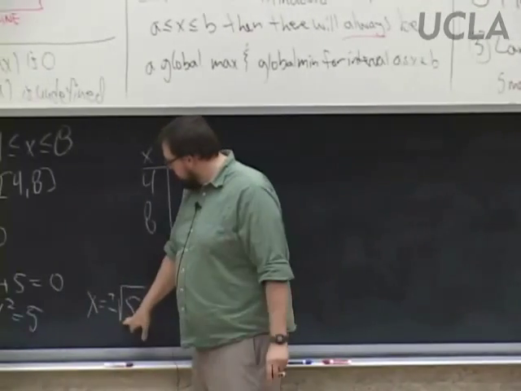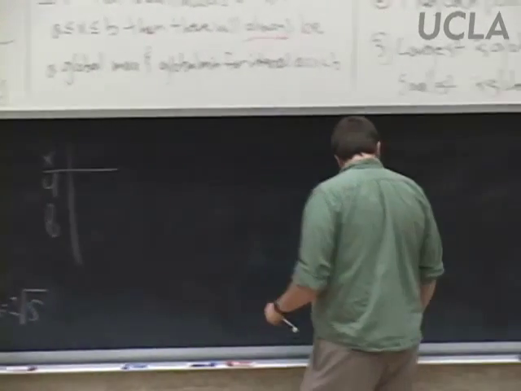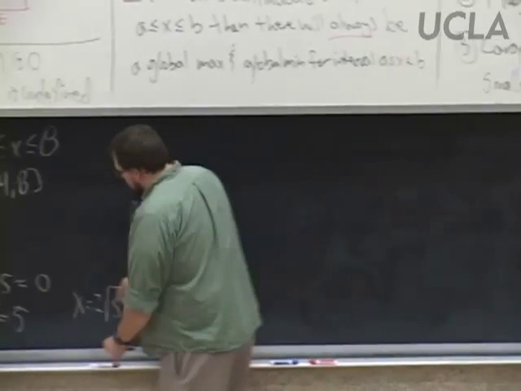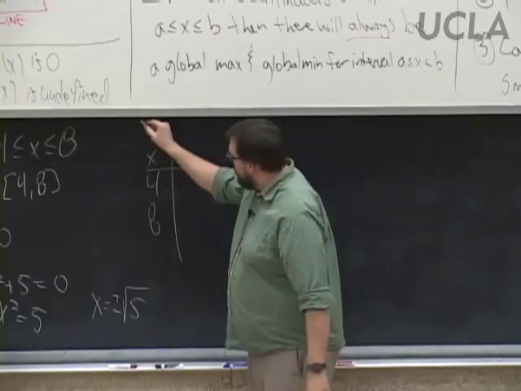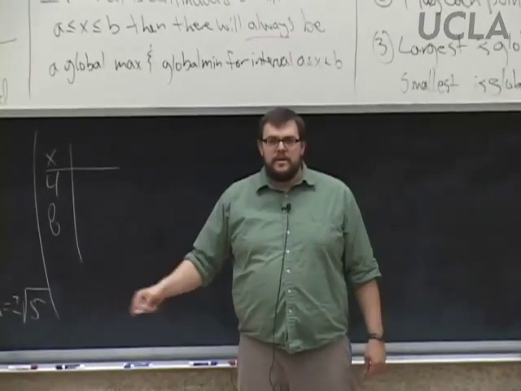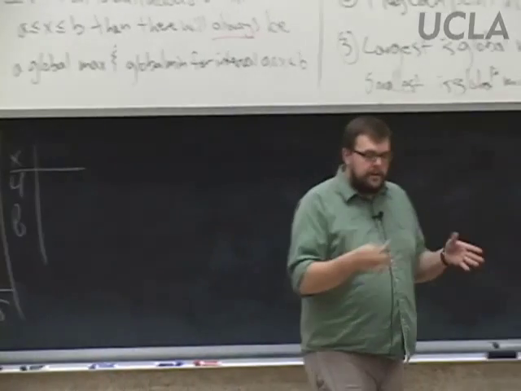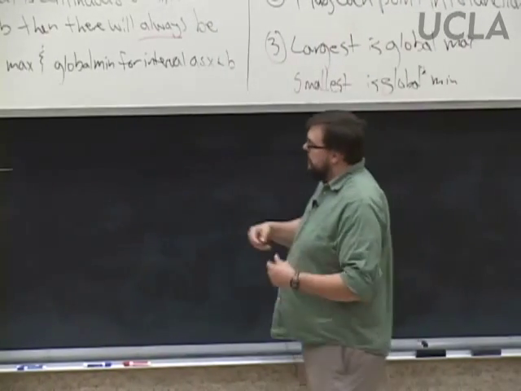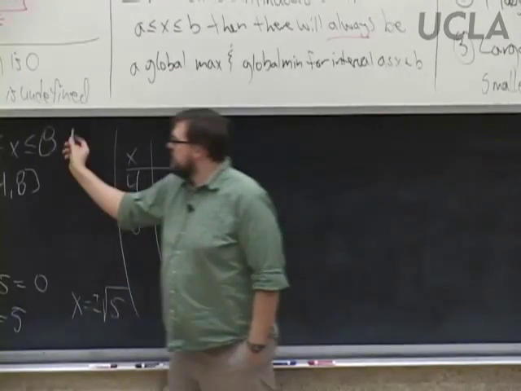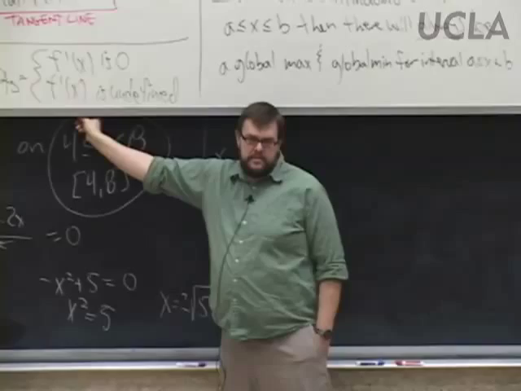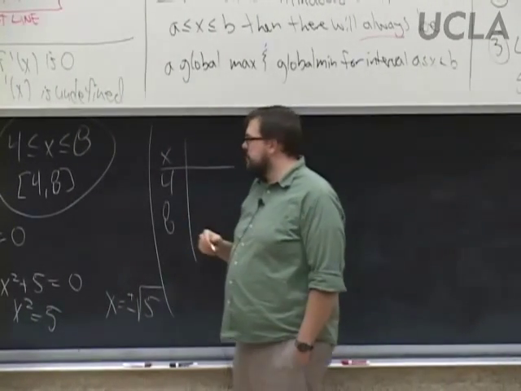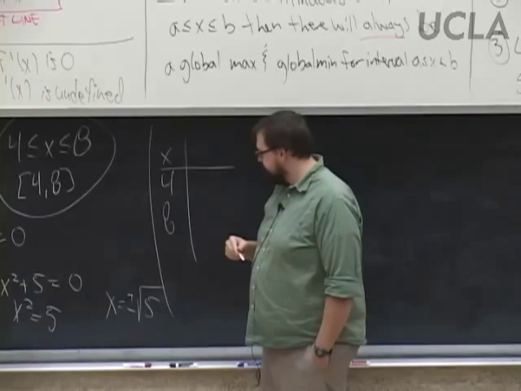And if you think about the value of root 5, it's somewhere around 2 point something. It's certainly less than 4. So in this case, the only points that make our list are 4 and 8. There are no critical points as far as finding the global max and global min are concerned. Now, I'm not saying that these aren't critical points. I'm just saying they aren't critical points inside our interval. So make sure when you're looking for critical points, you restrict only to those in your interval when you're asked to find a global max and global min.